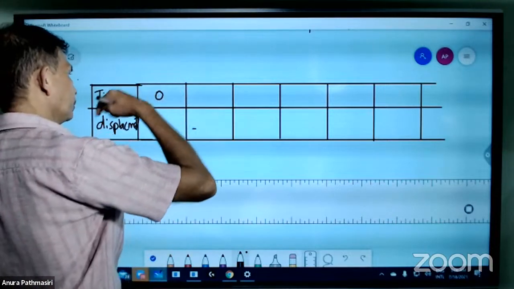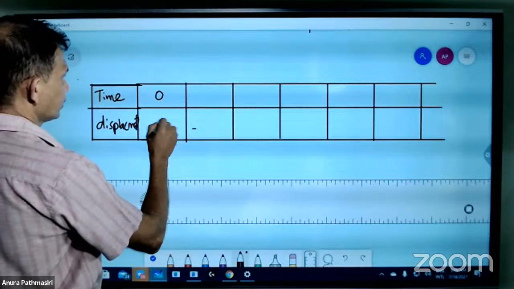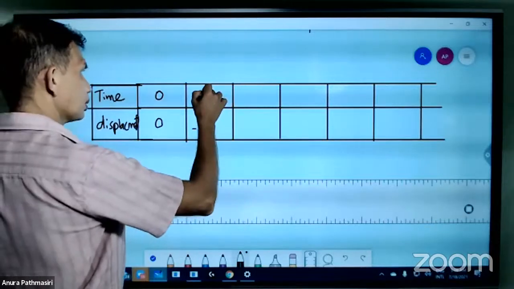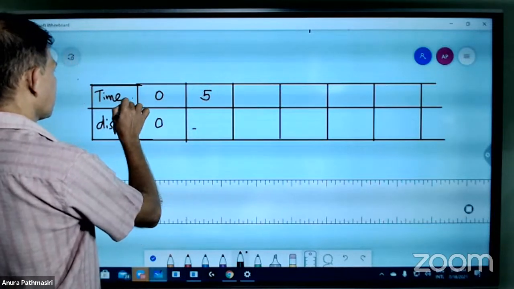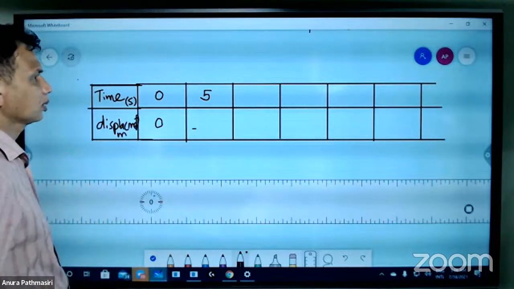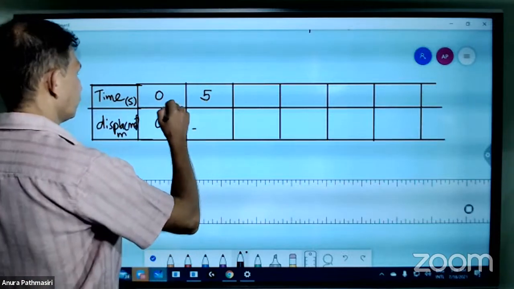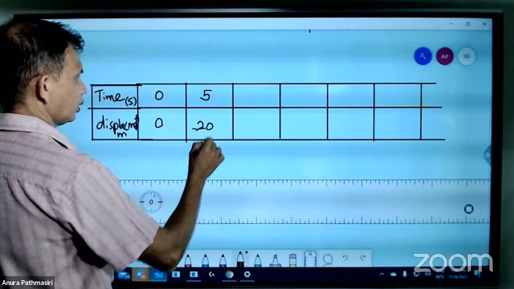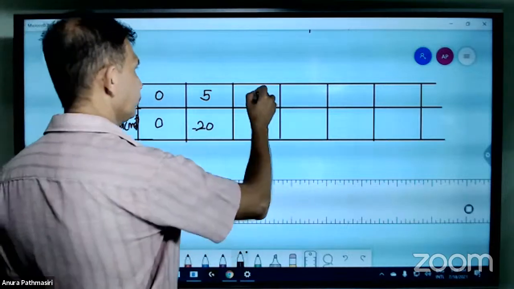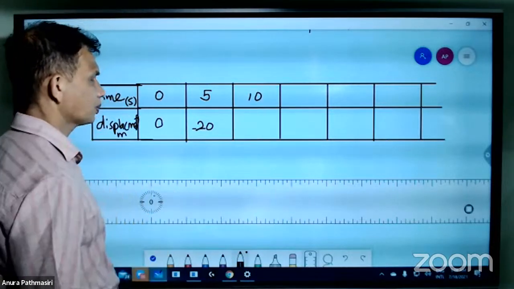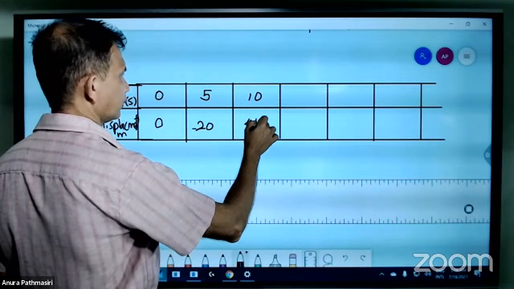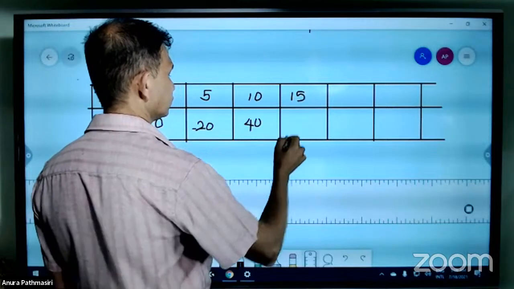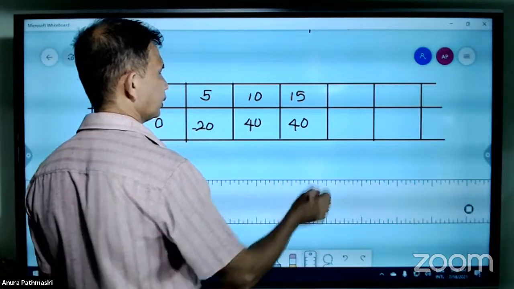When the time is 0, the displacement is 0. Time in seconds, displacement in meters. When the time is 5 seconds, displacement is 20. When the time is 10 seconds, displacement is 40. When the time is 15 seconds, displacement is 40.